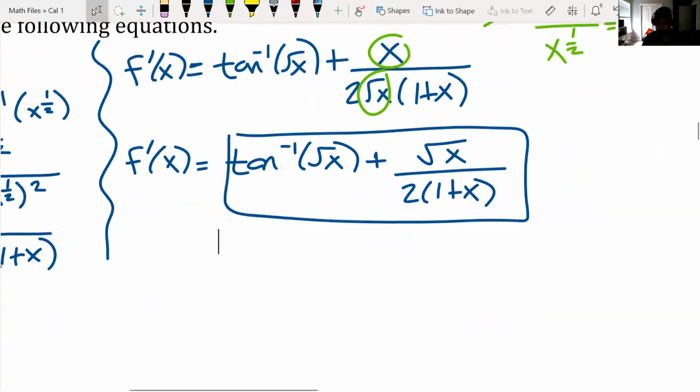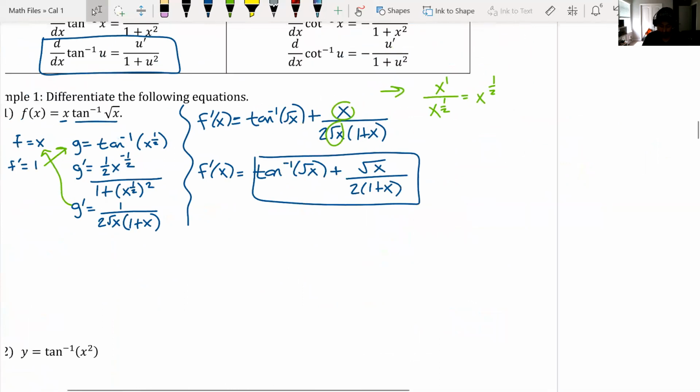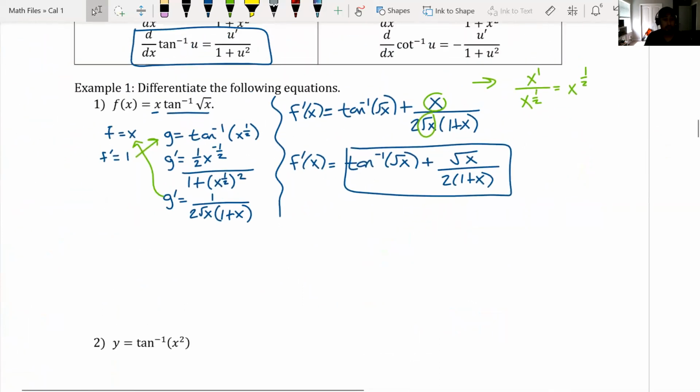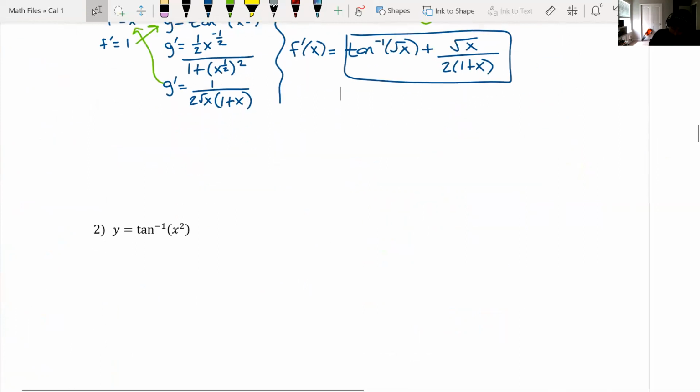Okay. Next. Again, inverse tangent of x squared. This one is just going to use the chain rule derivative for tangent above us.